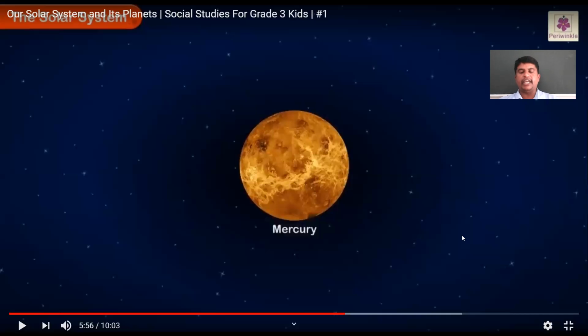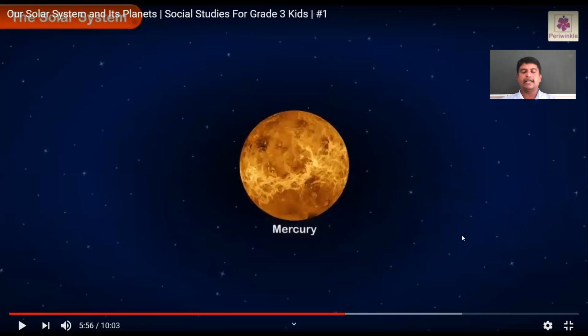Because three-fourths of its surface is covered by water and one-fourth by land. The Earth has a layer of air surrounding it, known as the atmosphere.